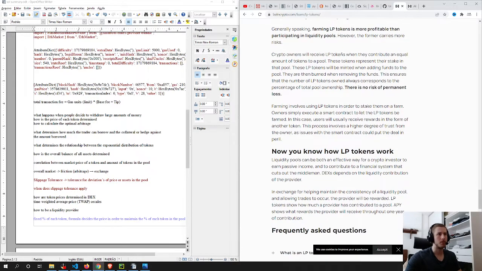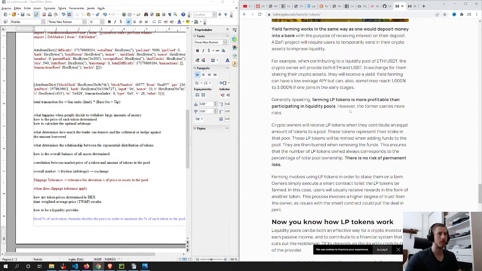Generally speaking, farming LP tokens is more profitable than participating in liquidity pools, however the farmer carries more risk. Maybe I don't understand. When contributing to a liquidity pool, the crypto owner will provide both ETH and USDT in exchange for them staking their crypto assets. You receive the yield.